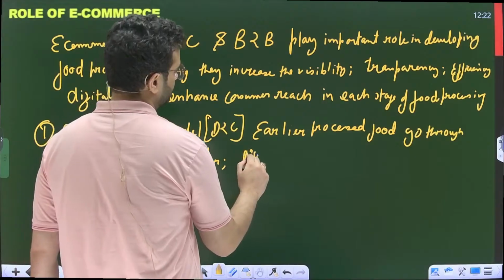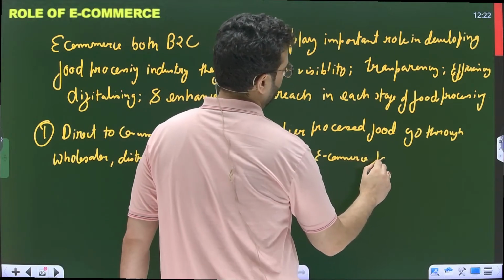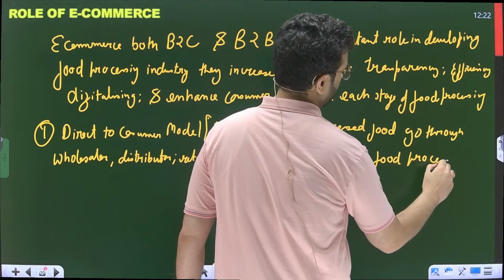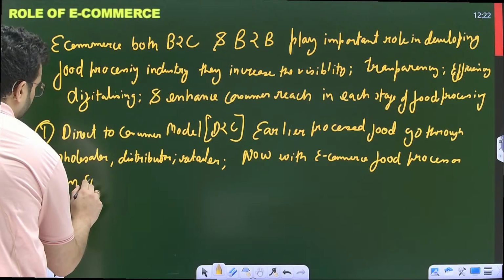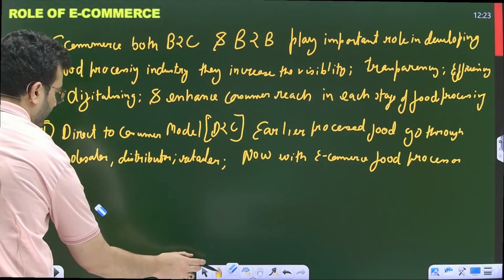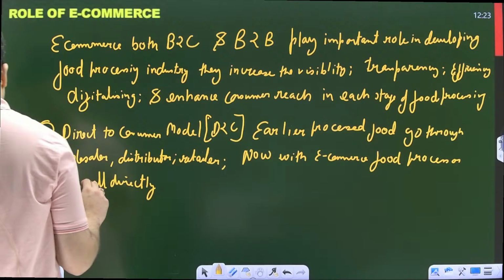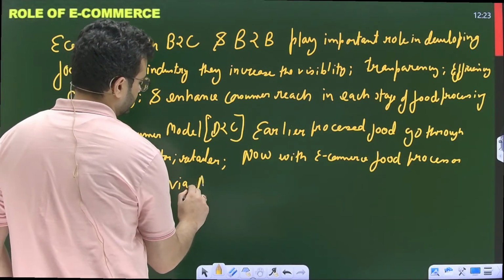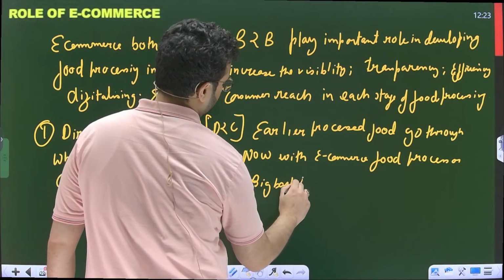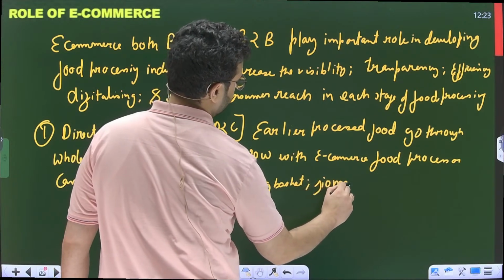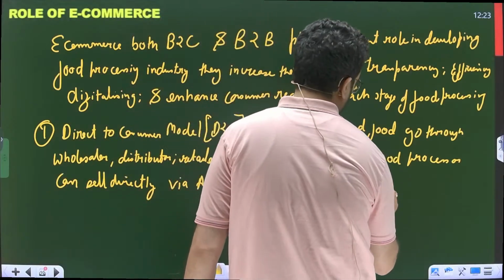Now with e-commerce, food processors can sell directly via Amazon, Big Basket, JioMart, etc., and even on their own website.